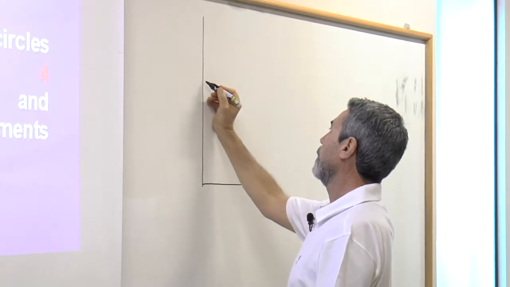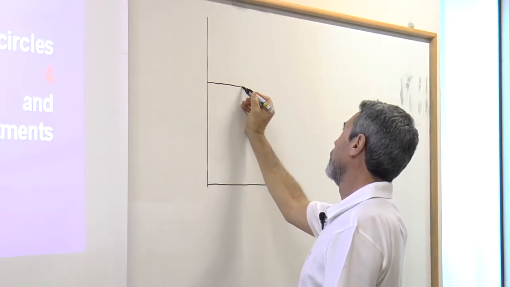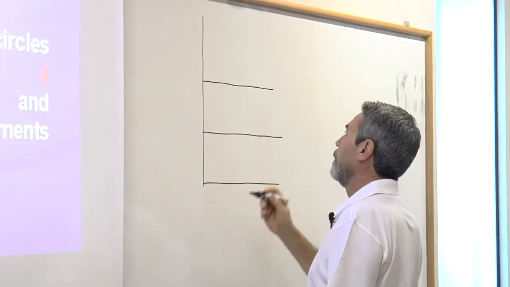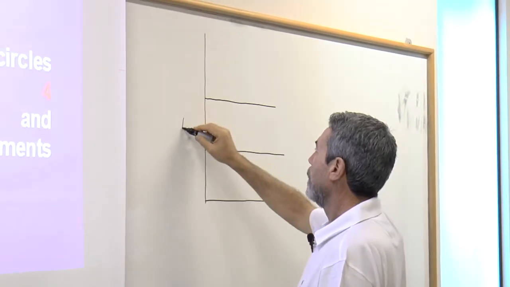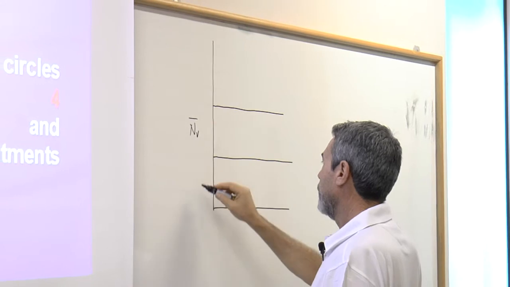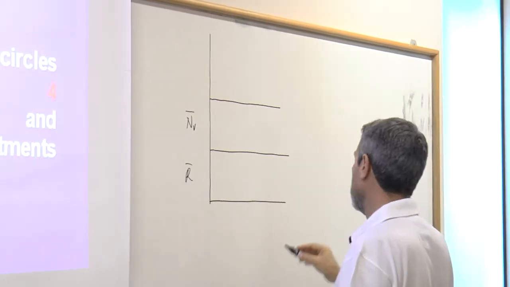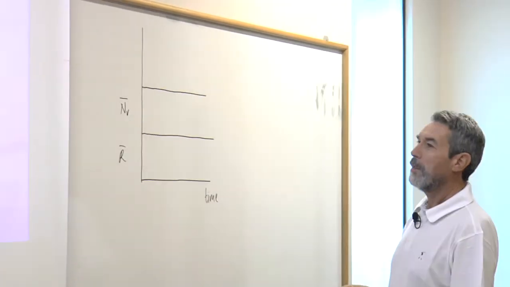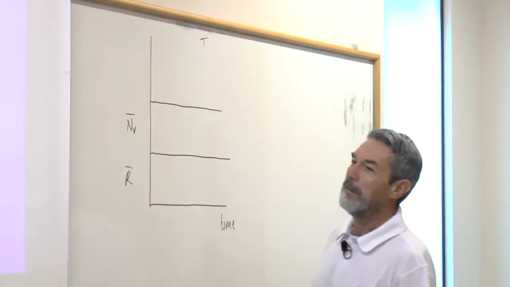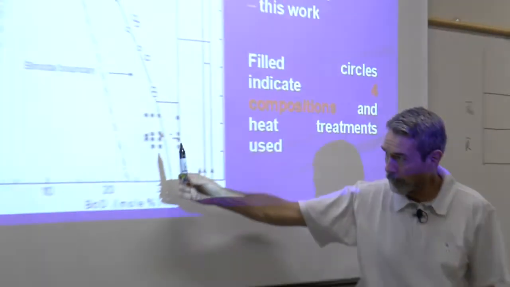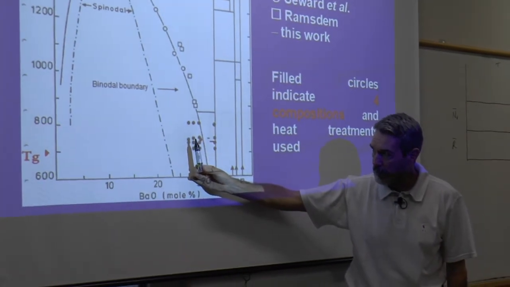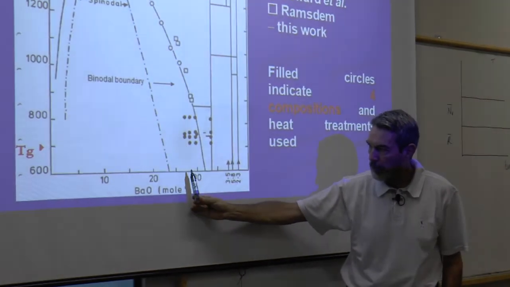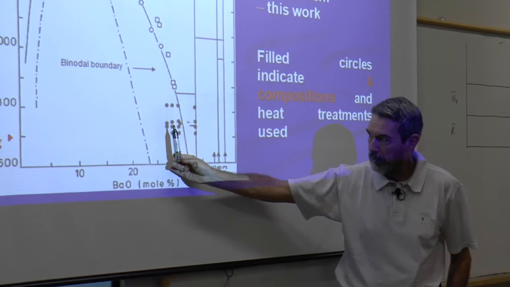Let's divide this into composition, number of particles per unit volume, and radius of the particles, and this is time. Temperature T. This composition, for instance, 27 mole percent of baria at this temperature.